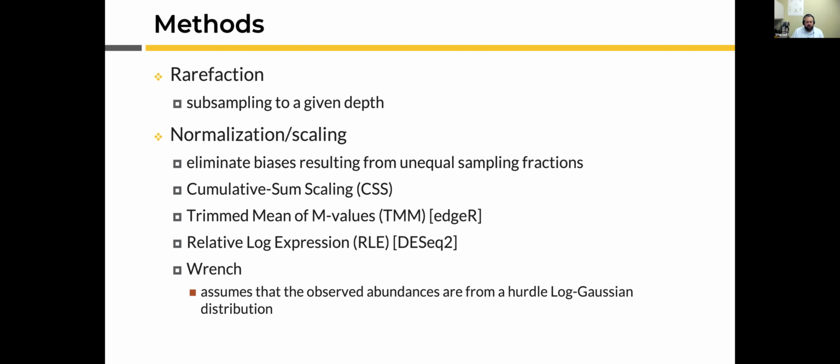There's the trimmed mean of M values that edgeR uses. There's a relative log expression that DESeq2 uses. And I just mentioned Wrench because it's one of the more recent ones that uses more sophisticated statistical treatments of the data. So I don't have time to go through all of the pros and cons of each of these.